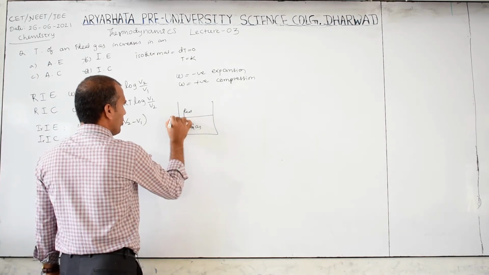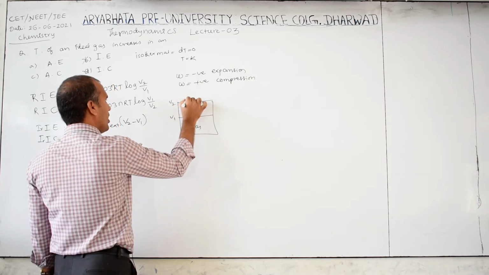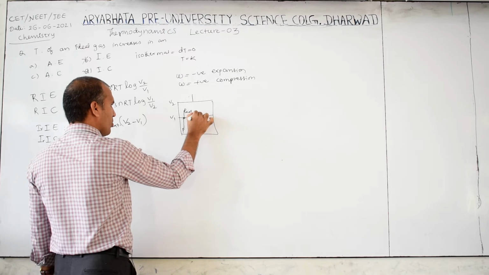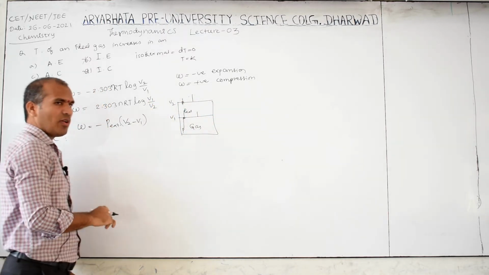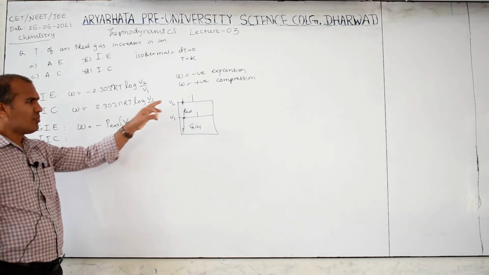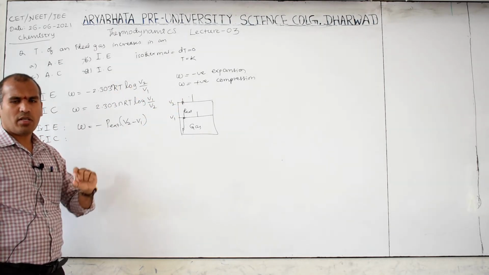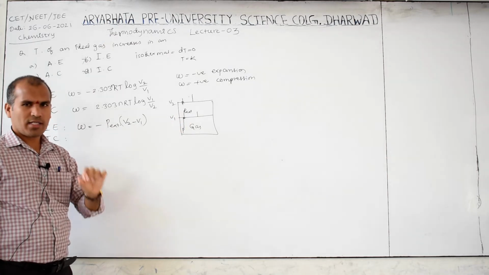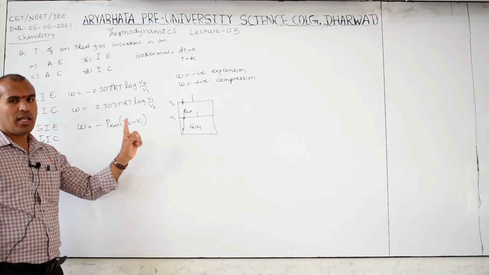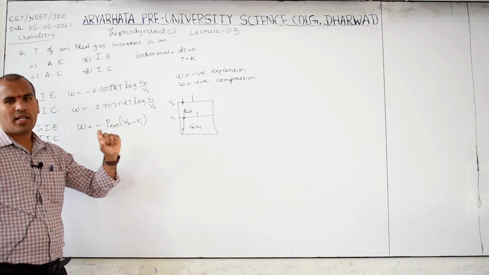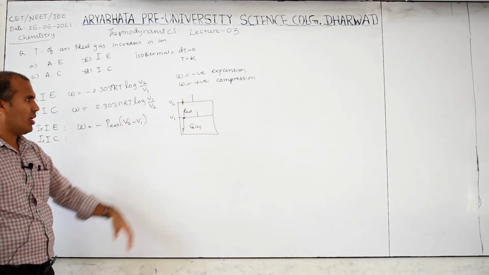So this is V1, then V2 is the volume considered. Here also we have the piston, and the external and internal pressure are equal. In a reversible process, internal and external pressure are equal at each step, but in an irreversible process internal and external pressure are equal at the initial and final state only.